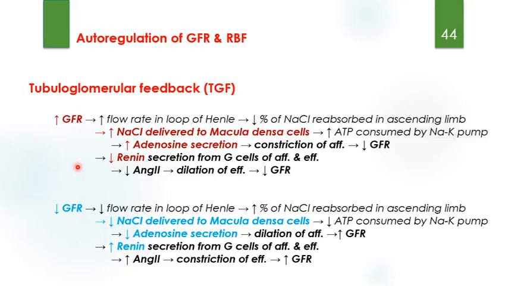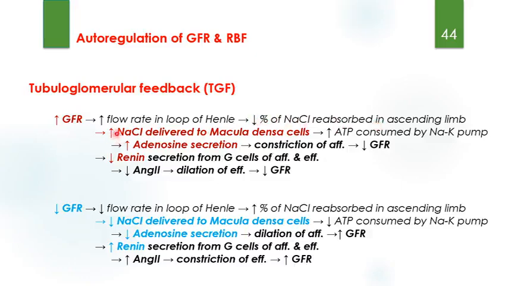By increasing GFR, by the higher level of GFR, the flow rate in the loop of Henle will be increased. So the percentage of sodium chloride that will be reabsorbed in the ascending limb of the loop of Henle will decrease.